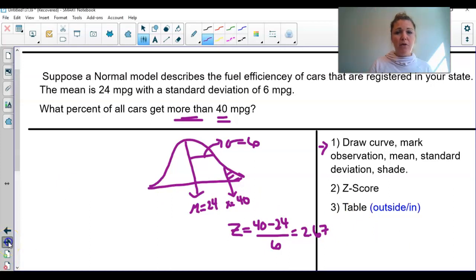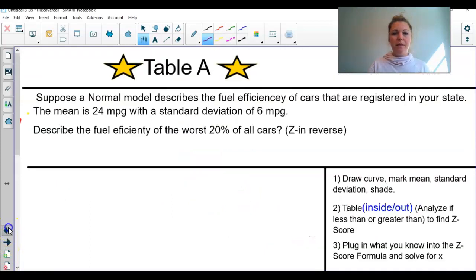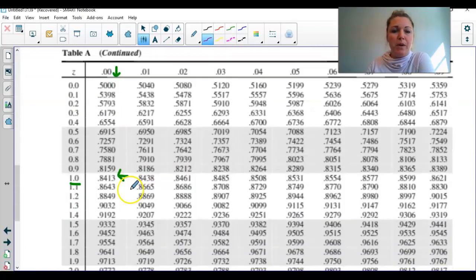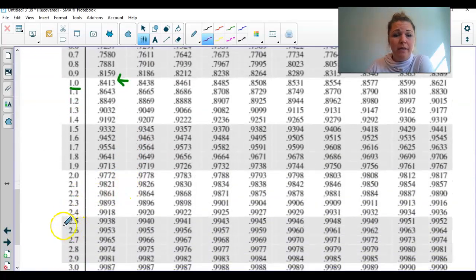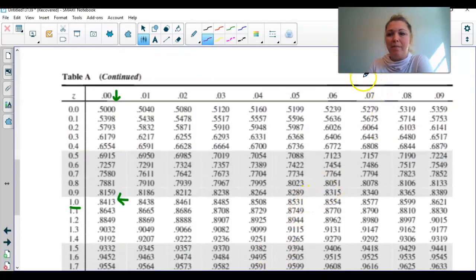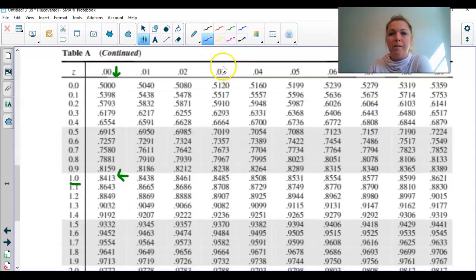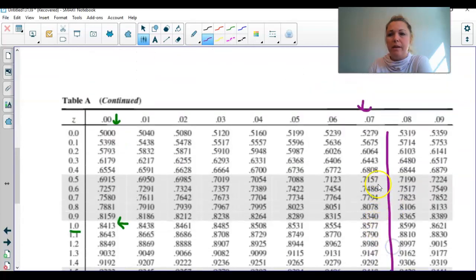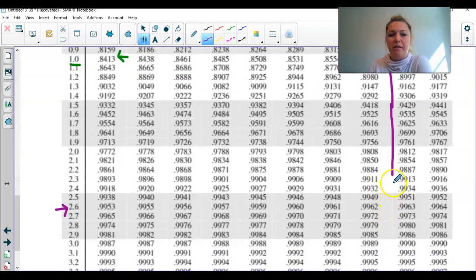So let's do that now. Whoops, I lost my table, so I'll go back here. 2.6, we're on the positive side. And now we need to go to the last number of 7. Okay, so I'm going to go all the way down, keep going down because I'm in the last number of 7.